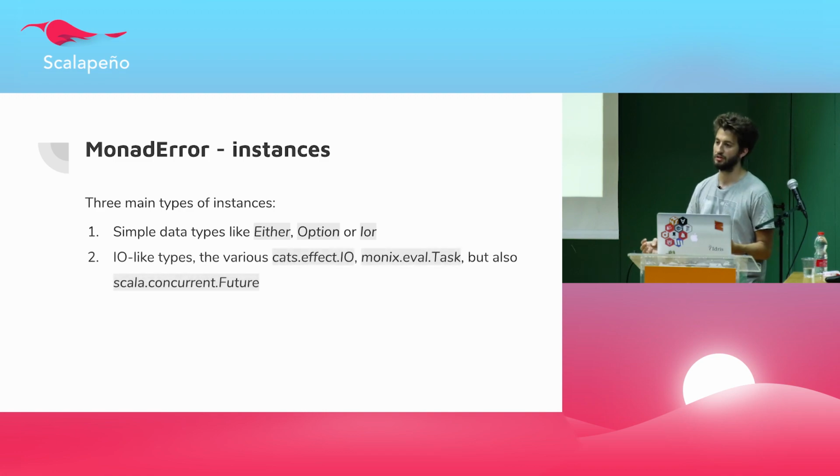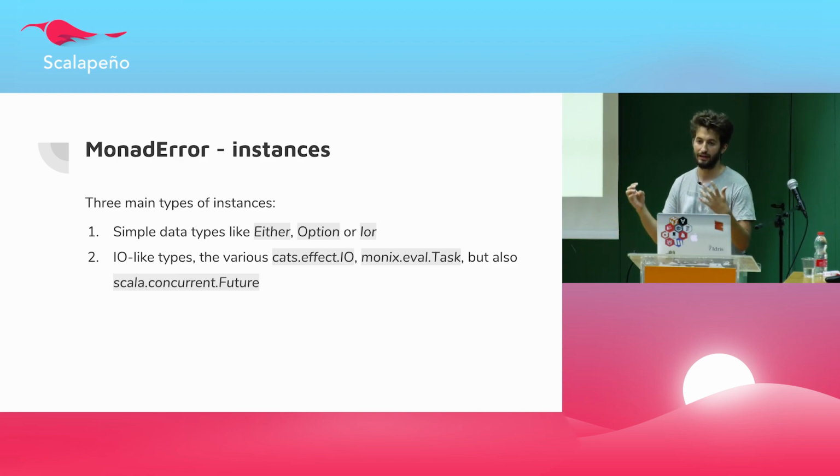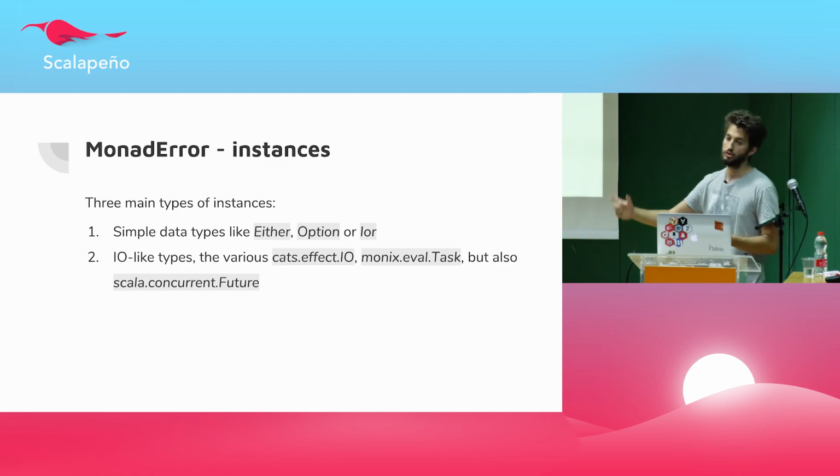The second type are these IO-like types, like I told you earlier, Cats Effect IO, Task, Monix Task. Scala concurrent Future is also one, even though it's not really IO-like in that it's not referentially transparent, but it still behaves very similar in terms of error handling, right? It can either return a failed result or a successful result sometime in the future, and that's very similar to Cats Effect IO.